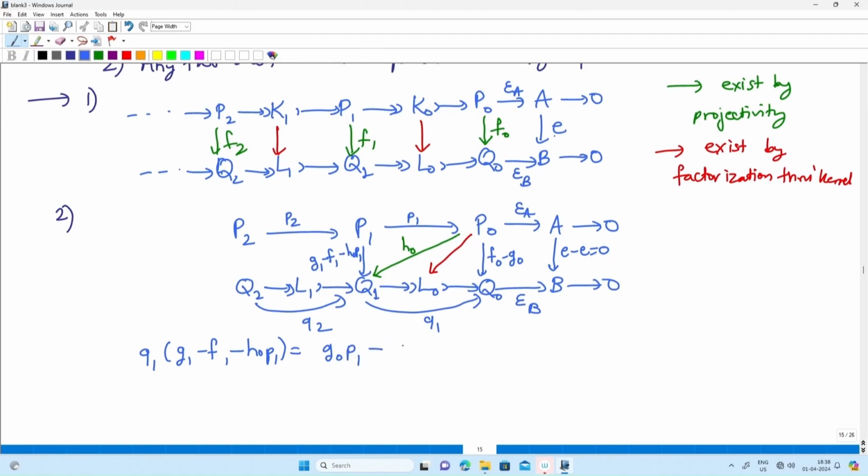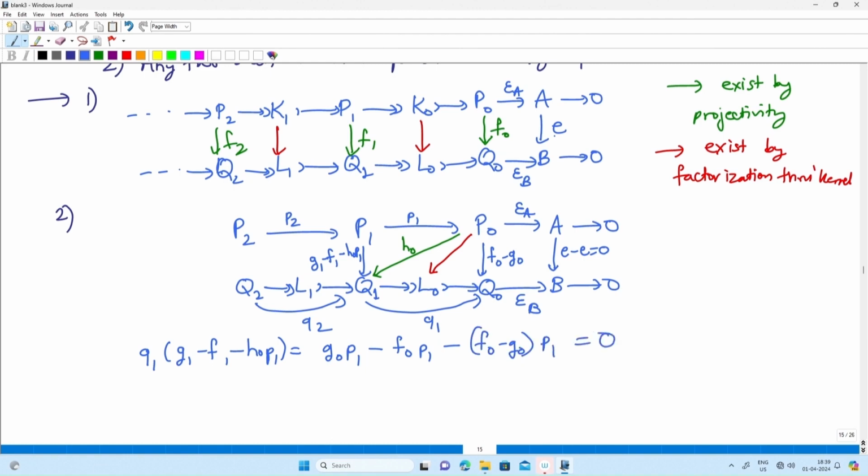Then Q1 F1 will be F0 P1. And then minus Q1 H0 P1. So look here, P1, H0 and Q1. Now these triangles, they both commute. So therefore, Q1 H0 is nothing but this vertical map, F0 minus G0. So that is F0 minus G0 P1, which is just 0.